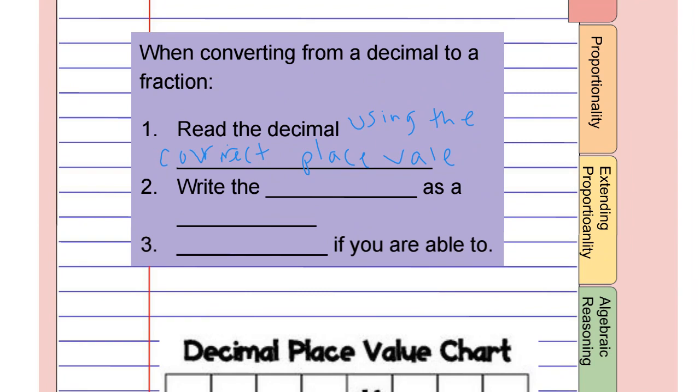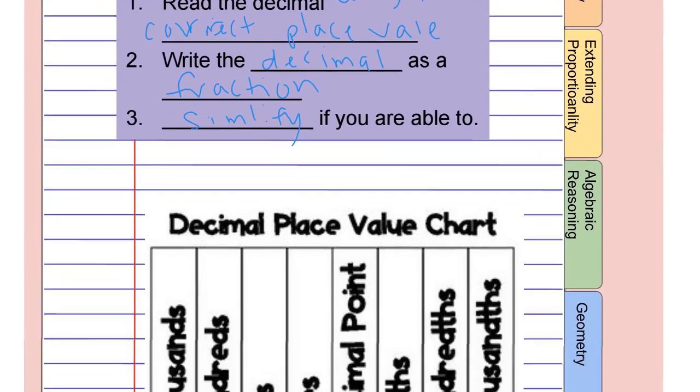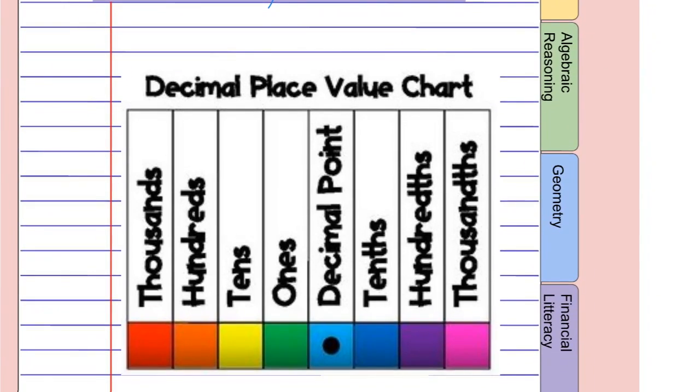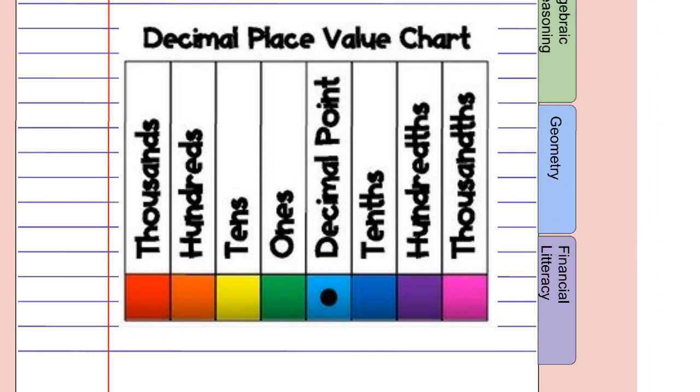Okay. Then what we're going to do is we are going to write the decimal as a fraction and simplify if we're able to, because we always want our fractions to be in simplest form. When we are writing our decimal as a fraction, we're going to look at these.